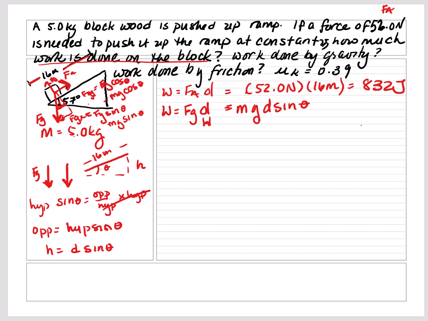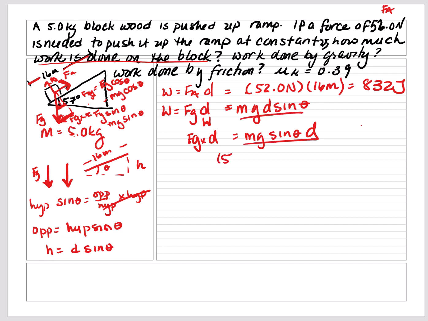So if you notice, the component that's parallel to the 16 is Fgx. So if I resolve this, this is Fgx d, which is also mg sine theta d. If you notice, the formula is exactly the same. So I could plug in for either one, the top one or the bottom one.